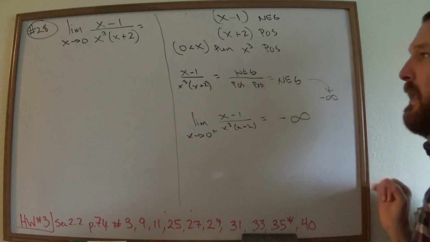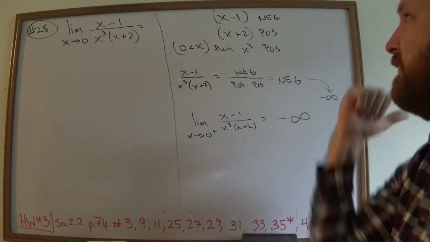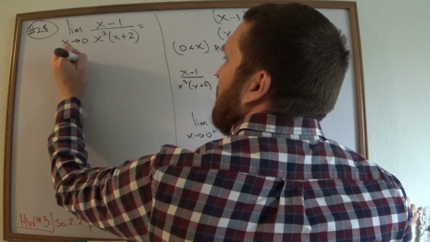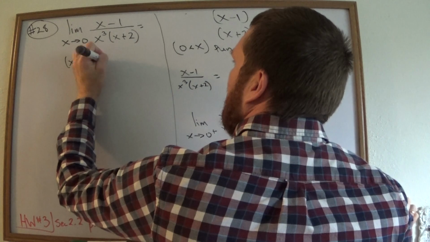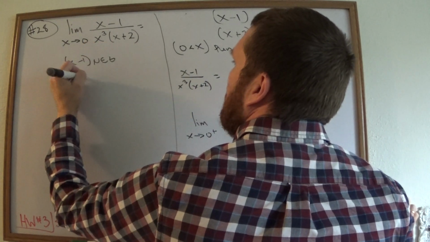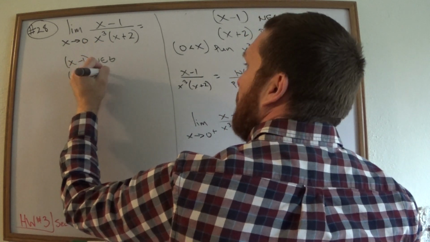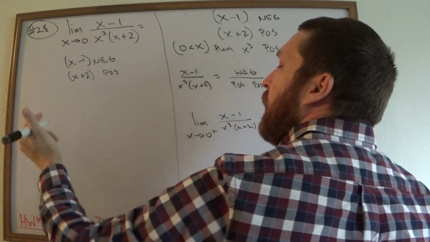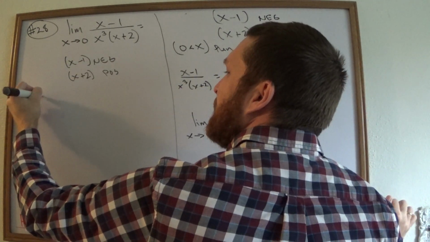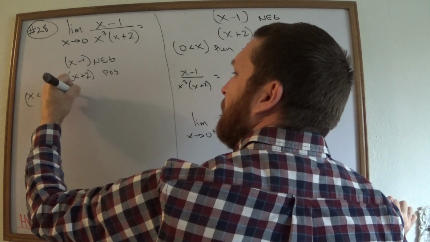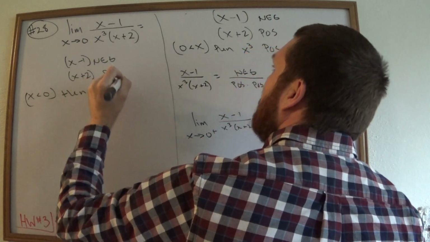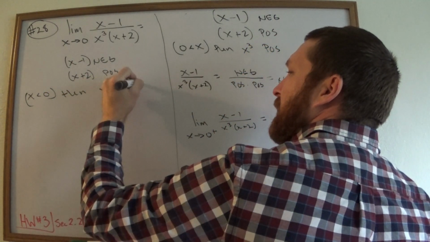Now let's do the same analysis, but take it from the left. x minus 1 is negative, as we've said. x plus 2 is positive, because we're very close to 0. Now, when x is less than 0, then x cubed is negative.